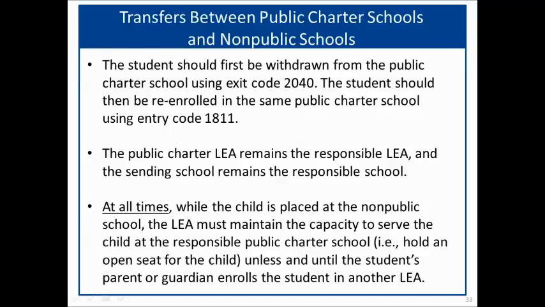So what you should do is exit the student as of whatever effective day is their last day at your LEA, and then when you re-enroll the student to show that they're at the non-public school, you should use the following day or whenever is the day that they're actually starting at that non-public school. It's really important that your exit and entry dates are accurate and represent the dates that those students actually exit and enter your LEA. And ideally, you are not sending us an identical exit and entry date for these cases.